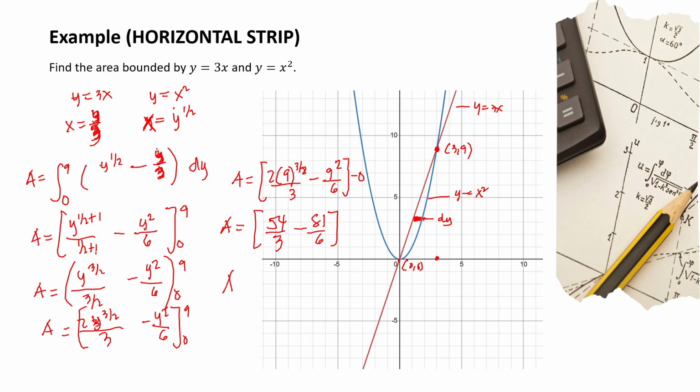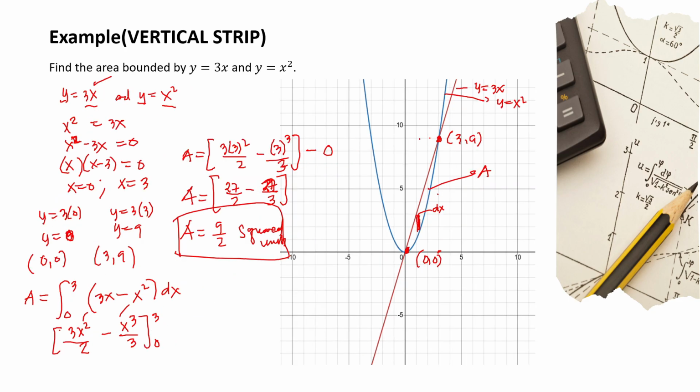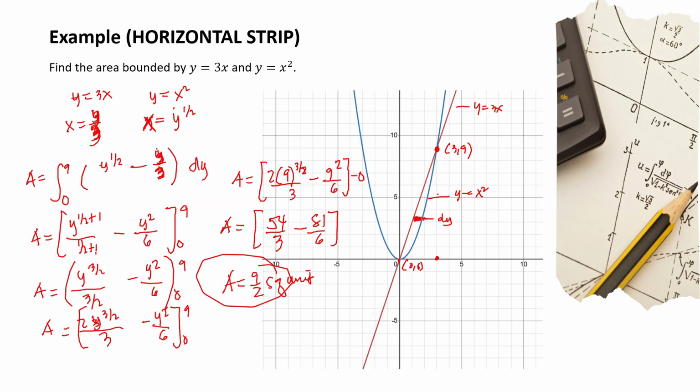That is, the area is still 9 over 2, same as before, in square units. So this is an example of vertical stripping and horizontal stripping.